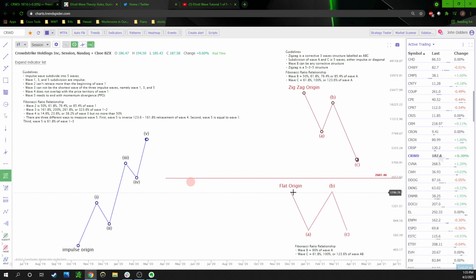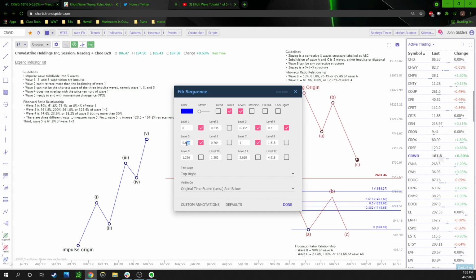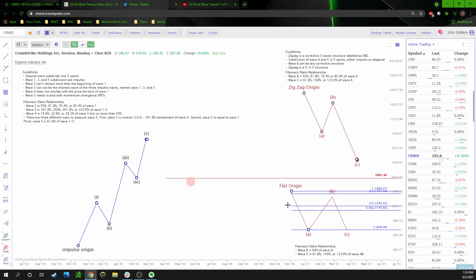Because more often than not, you're going to retrace a good amount of this move. And wave C doesn't necessarily have to break the wave A beginning, but more often than not it does.